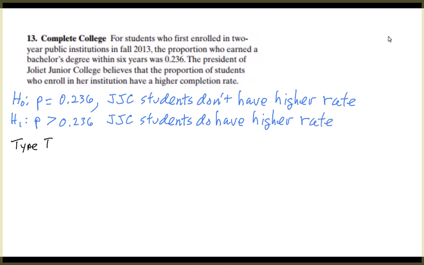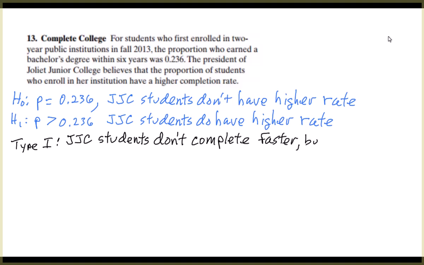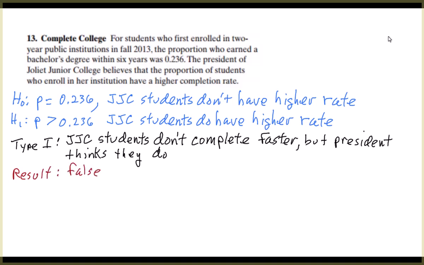Type 1 error. The null is true, but we reject it. What's the result? Well, the college could advertise, hey, come to Joliet, you're going to graduate faster than you normally would.